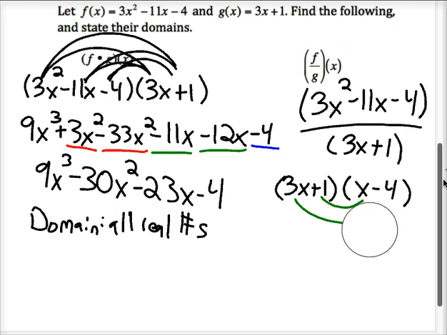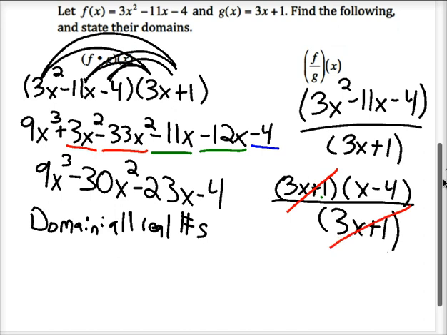Now, if you need a little refresher on that, please see me during class, or you can reference your chapter 4 notes. That goes all the way back to chapter 4. All right, and now the cool thing is, now that we've done that, we can cancel what's the same on the top and bottom, and we're left with x minus 4.